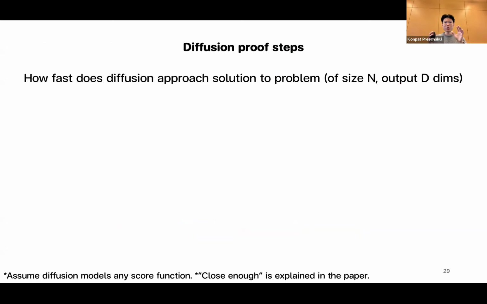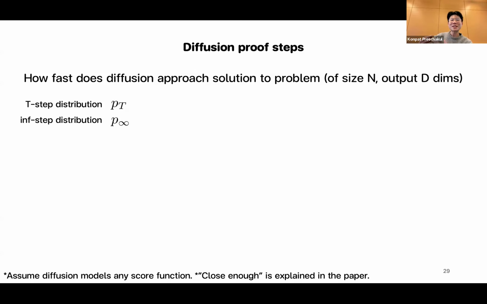And here's what the proof roughly says. First, let's look at how fast the diffusion model approaches the solution to a problem of size n and output d dimensions. We need two notations here. First, if we let this diffusion model denoise for infinite steps, it will give you the distribution p infinity.